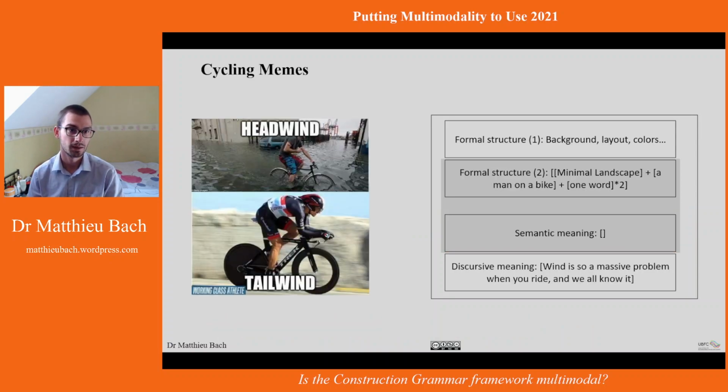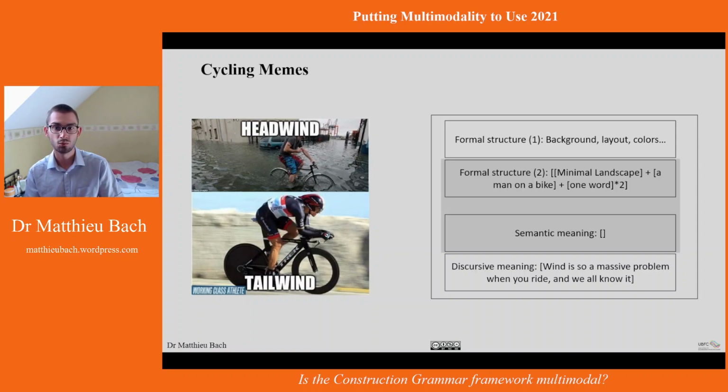And then I just wanted to add some thoughts about what we could call a discourse-specific construction, like these memes from the cycling discourse. Again, formal structure with background and light colors. Then you have a formal structure, and I tried to describe this. It's my first attempt.